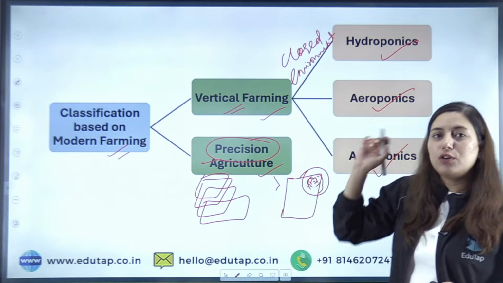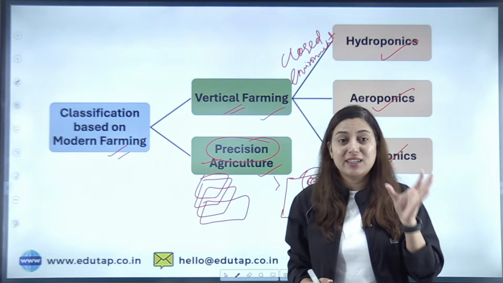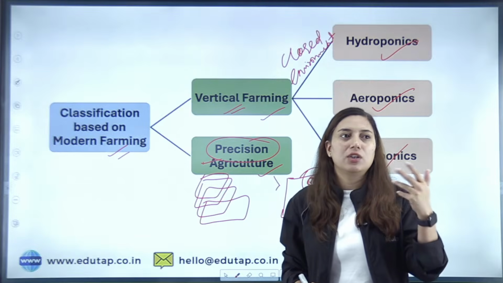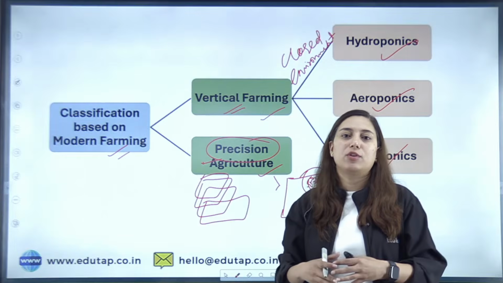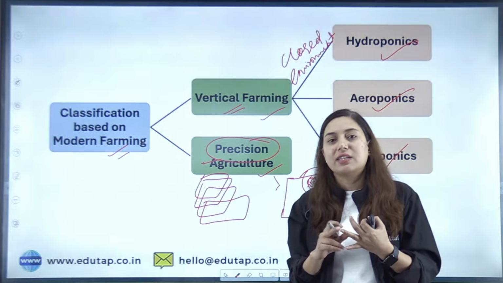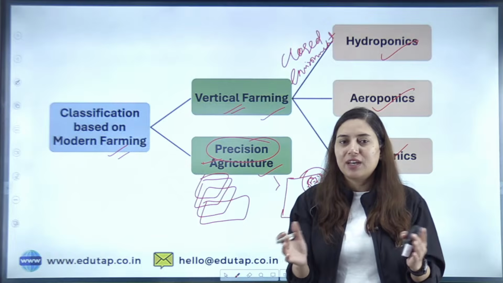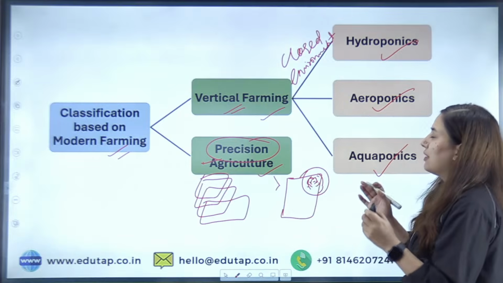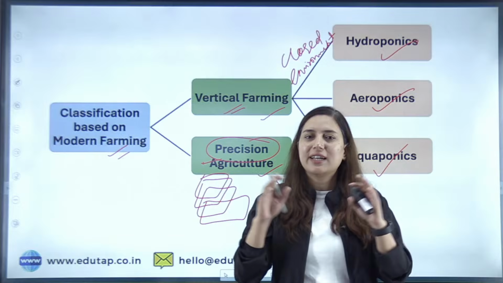Because we want to make sure that all the factors which contribute in crop production, like light, water, nutrient, humidity, everything is maintained. ठीक है, अगर आप छोटे से एरिया में प्रोडक्शन बढ़ाना चाहते हो, you will have to make sure कि sunlight is reaching each and every plant, right? There is a proper humidity, there is a proper environment around the plant, तभी वो plant grow कर पाएगा, right? So for that, a closed environment. So you might have seen hydroponics. If you have seen, so it is done in closed room, right?